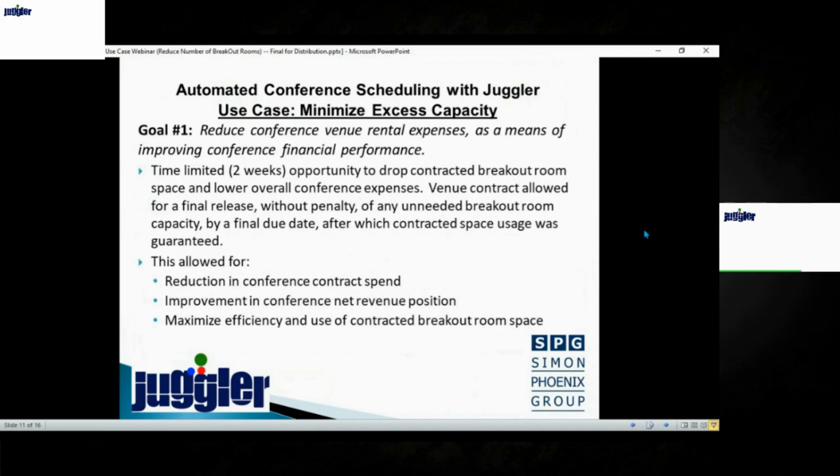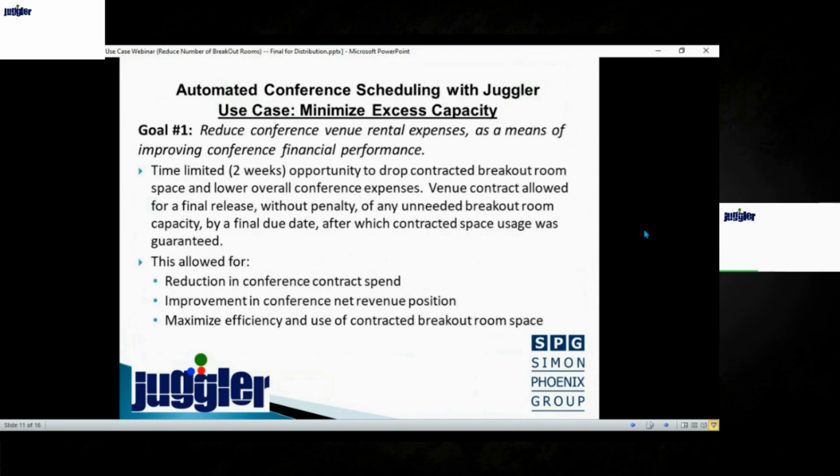Because when these contracts are negotiated 2 years or a year in advance, one never knows what the future is going to bring. We don't have crystal balls. And there needs to be some way of having some flexibility in these contracts to allow for some expansion or some contraction of space needs.